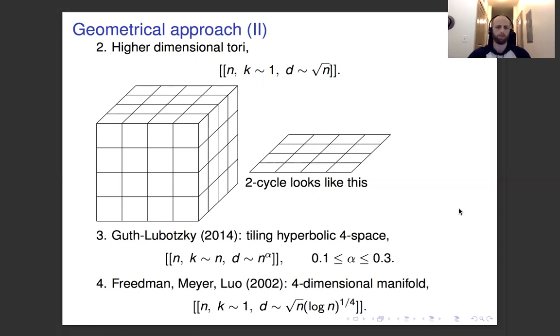So they did break the square root n barrier, and this is the record that we set out to improve upon, and also along the way get better decoding procedures.